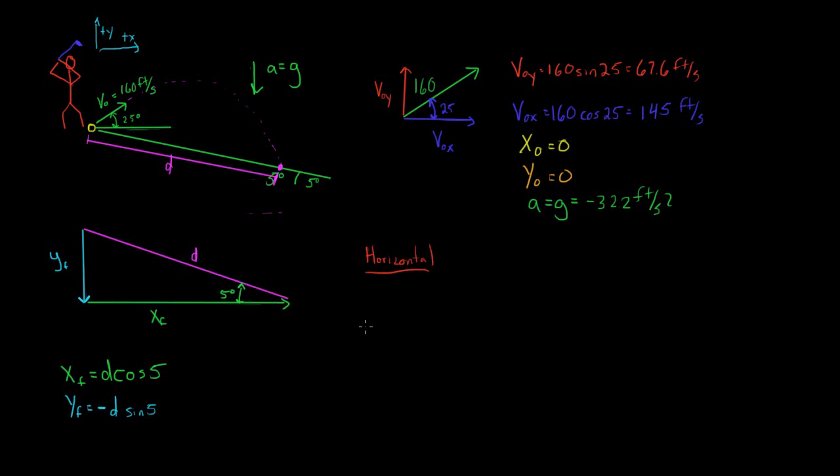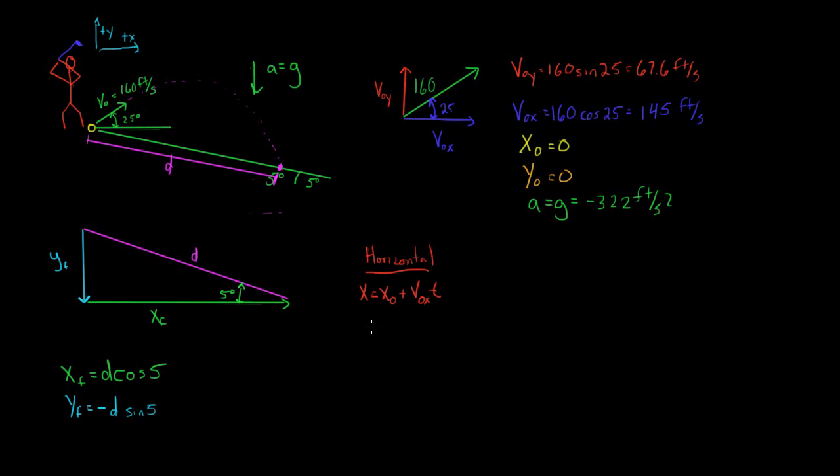The equation we want to use for the horizontal component is that a final distance x is equal to an initial distance x naught plus initial x velocity times time. We know everything except time.